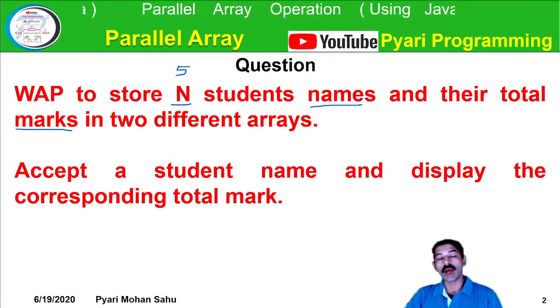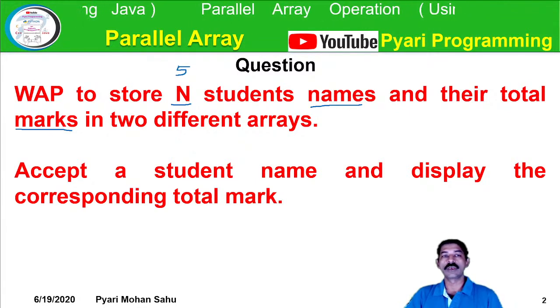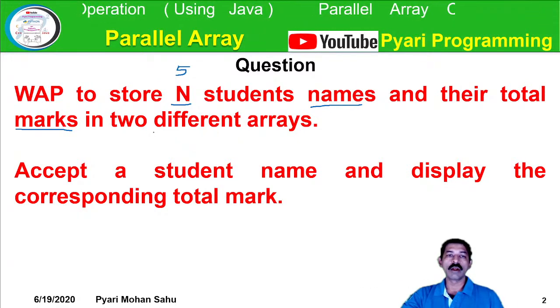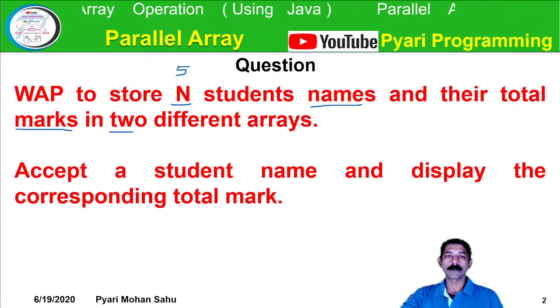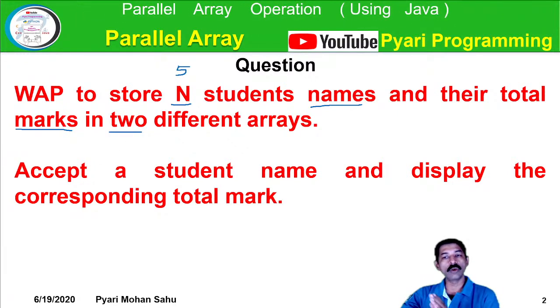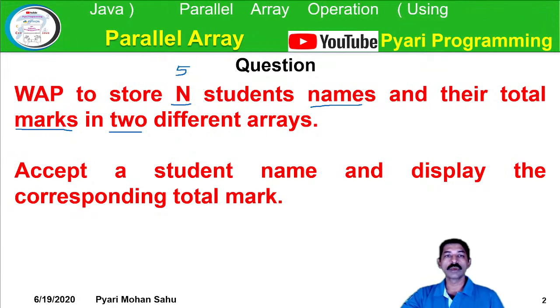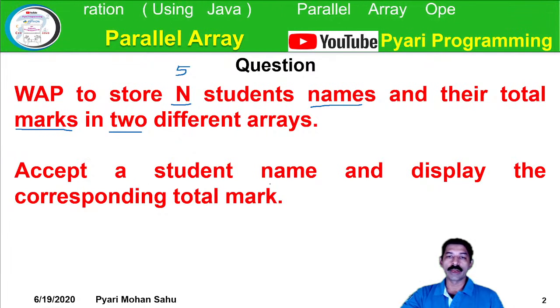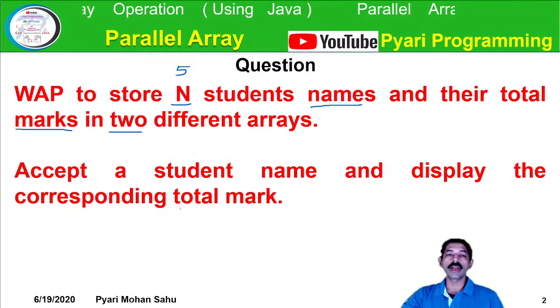So we need two different arrays for this operation. It is also clearly specified in the question that we need two different arrays. Even if it is not specified, we have to store it in two different arrays only because the data type is different. Now, accept a student name and display the corresponding total marks.